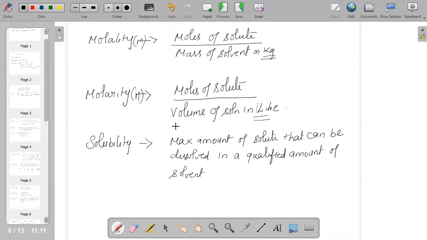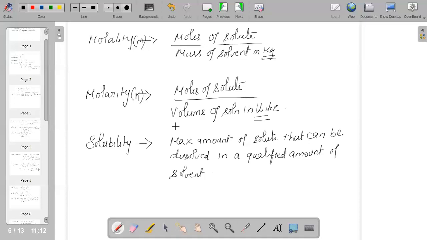That is, polar solvents like water, ethanol, or formaldehyde will dissolve polar solutes, whereas non-polar solvents like pyridine, toluene, and hexane will dissolve only non-polar solutes. And of course, solubility is affected by temperature.